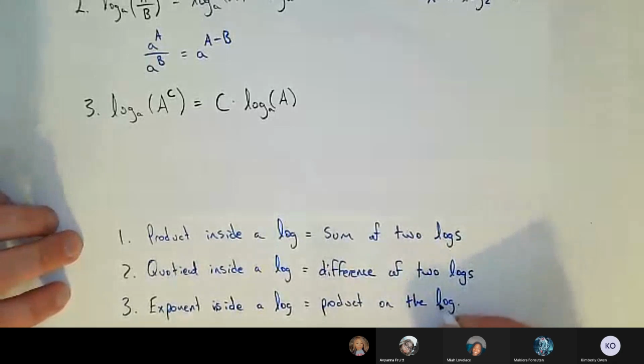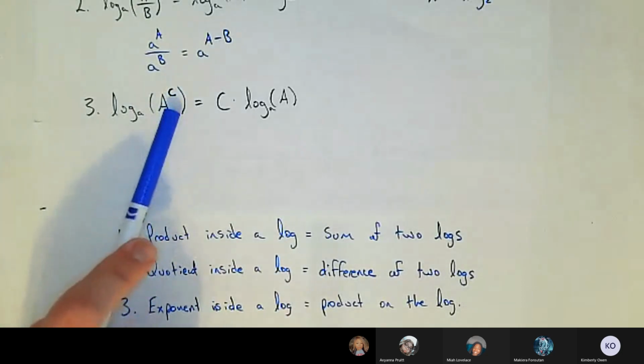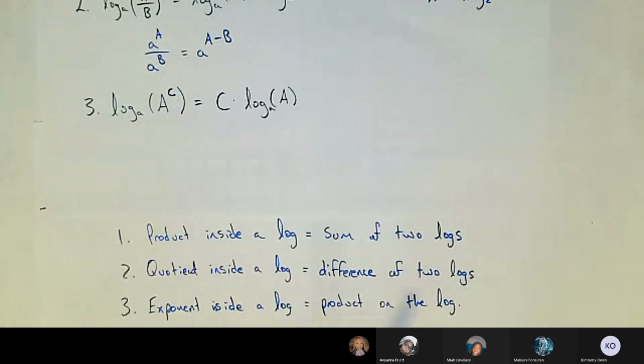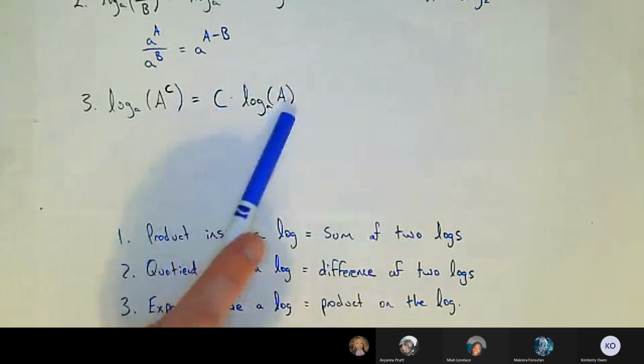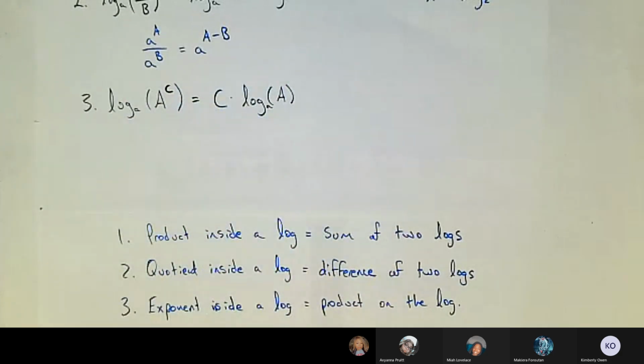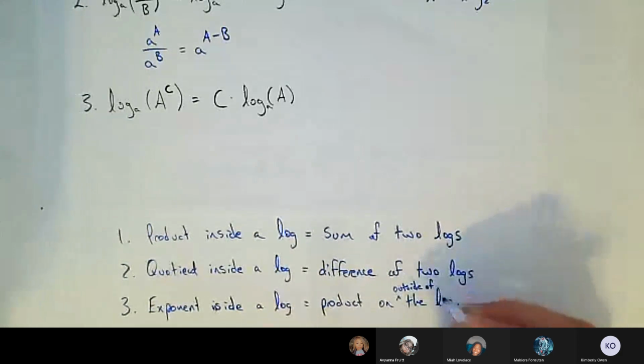I think that's maybe the best way to say that one. So if there's an exponent inside the log, that letter C there, then that is equal to the product on the log. Like you stick the C outside on the log, on the outside of the log.